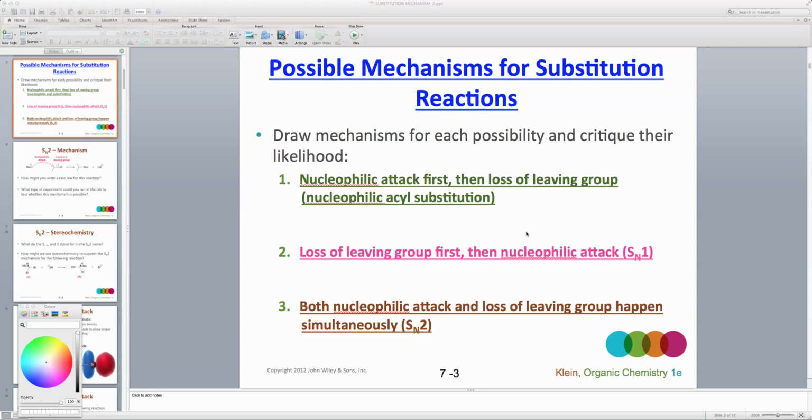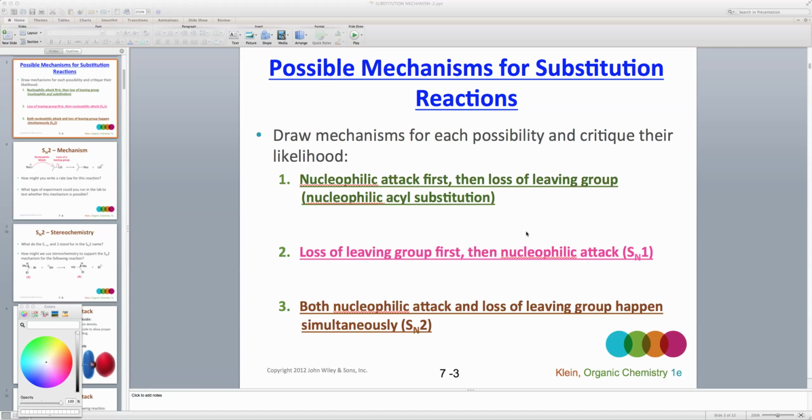And so we really have 3 choices. Choice number 1 is that we have nucleophilic attack first, and then in a second step, which is separate, we have loss of a leaving group. The second logical possibility is that we have the loss of the leaving group first.